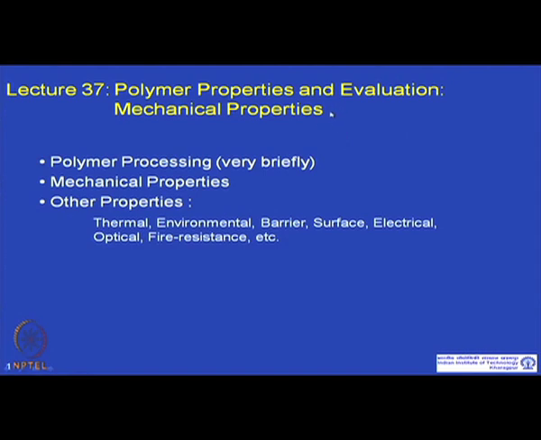Now, this lecture and probably the next one or two lectures are not directly related to chemistry per se, but as a polymer chemist, if you are hired in a company, then you must know the polymer properties. When you are doing some polymer synthesis and characterizing them, finally you are targeting some application, and applications are linked with polymer properties.